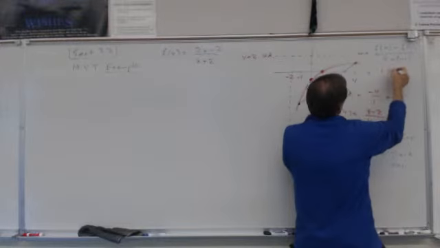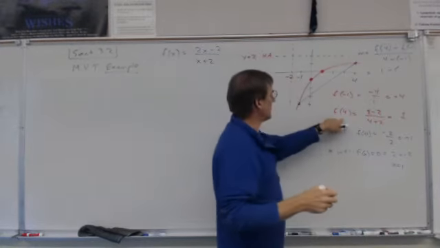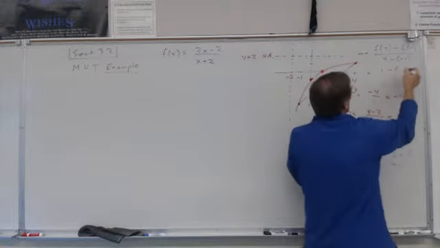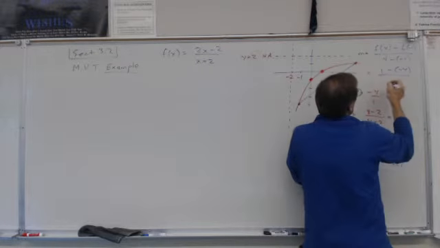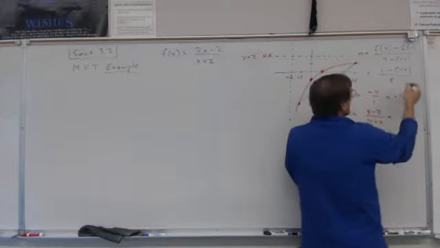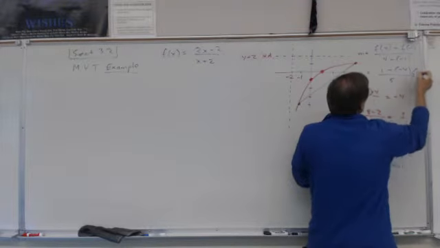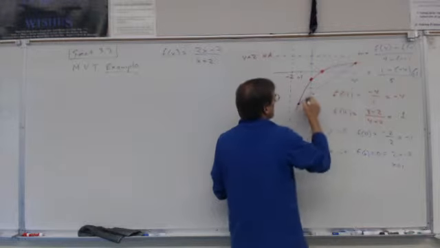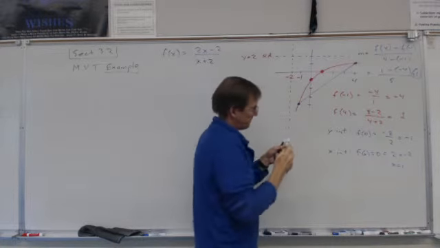F of 4 we know is 1, and f of negative 1 we saw was negative 4, and 4 minus negative 1 is going to be 5. 1 minus negative 4 is going to be 5. So the slope here is going to be 1. So this slope between this point and this point is 1.